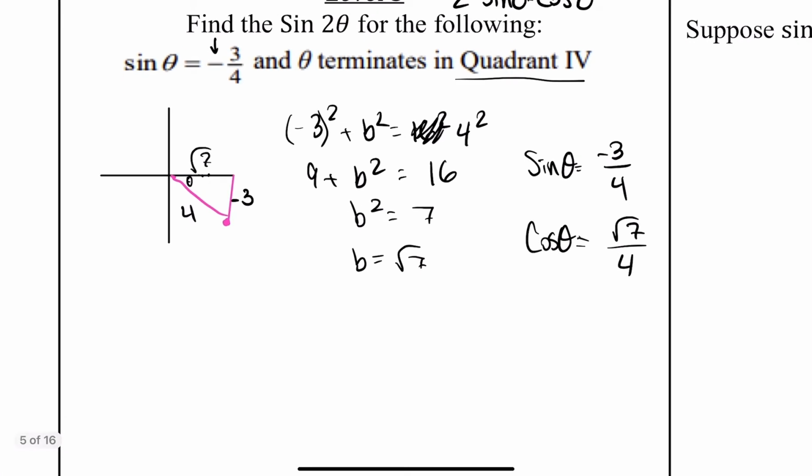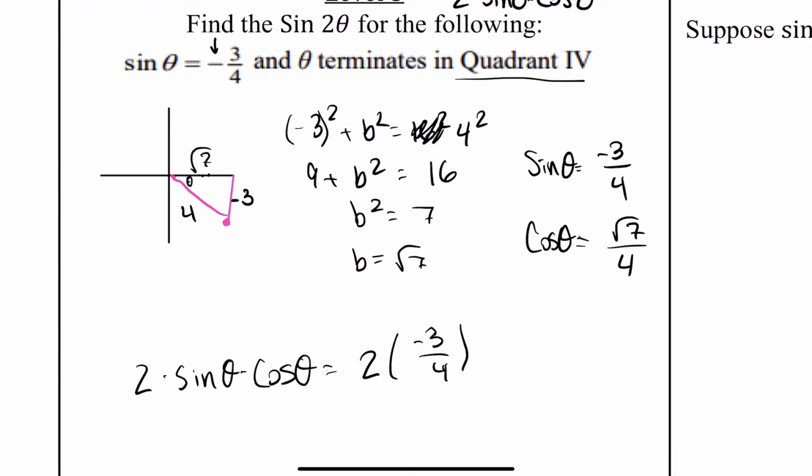So setting this up, we've got 2 times sine times cosine. So 2 stays. Sine of theta is going to be negative 3 over 4. The cosine of theta is going to be square root of 7 over 4. And we're just going to multiply that straight across. So 2 times negative 3 is negative 6.